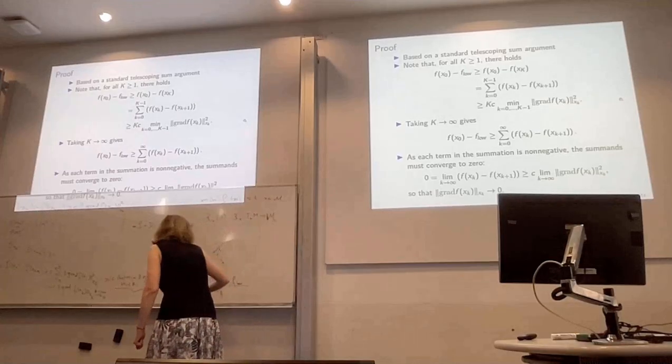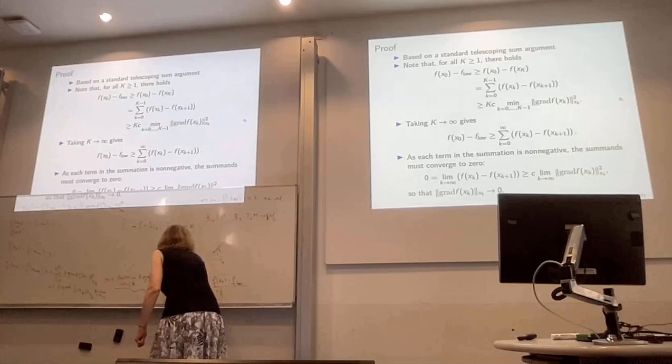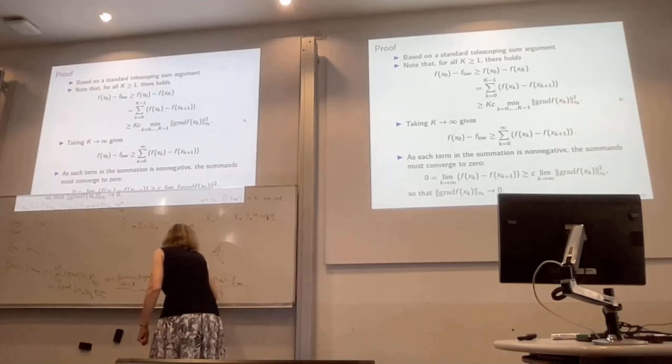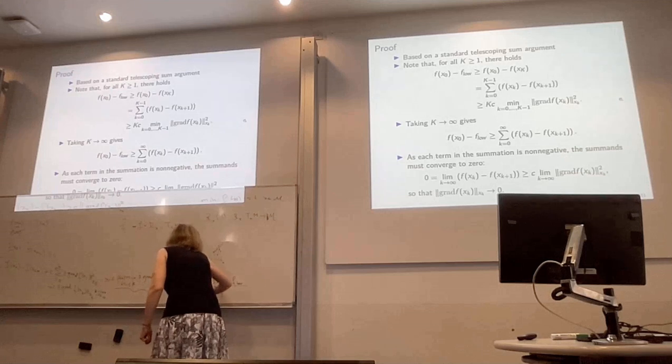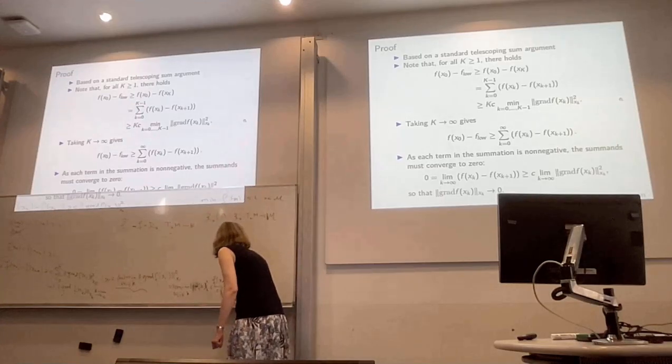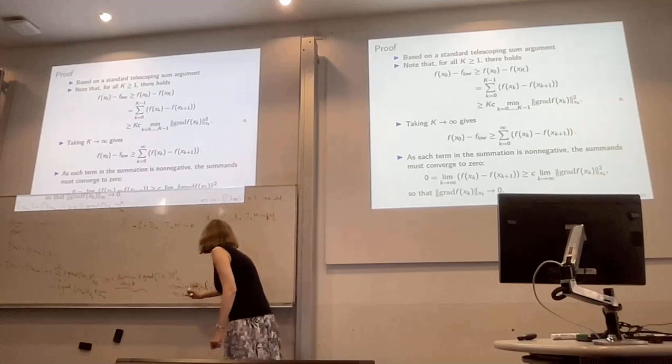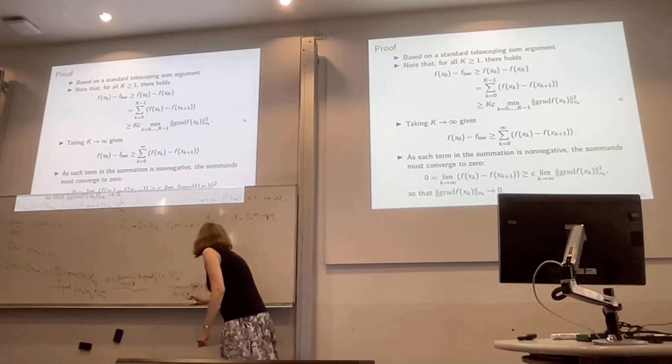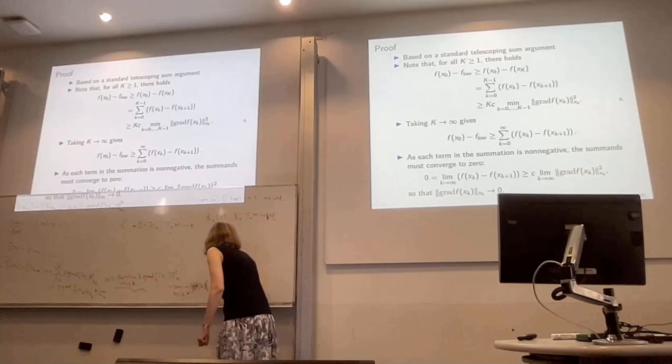The other way around. The minimum value of the gradient, the norm of the Riemannian gradient squared, grad f(xi) squared, is less than c over k plus 1. If you want to put k here, just do k minus 1 here, and then k here.